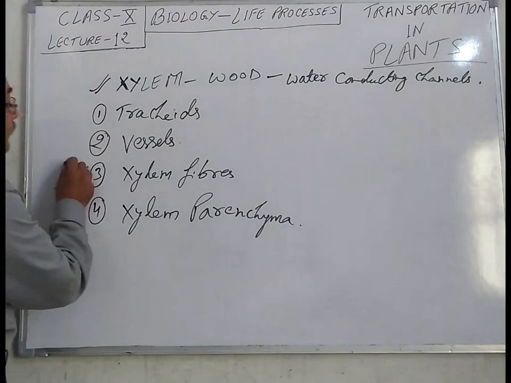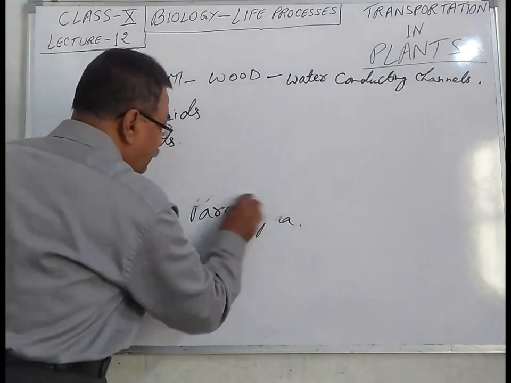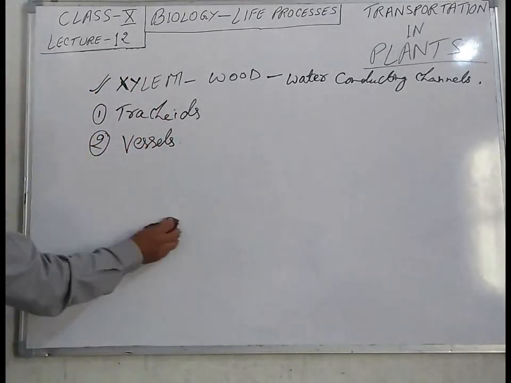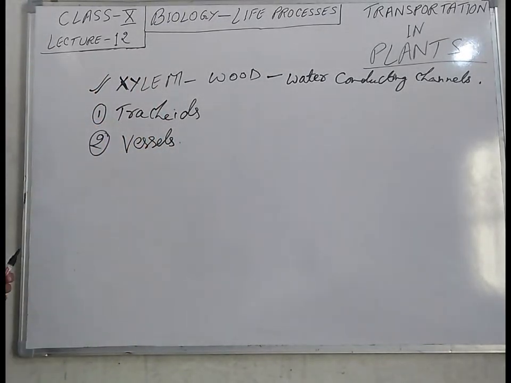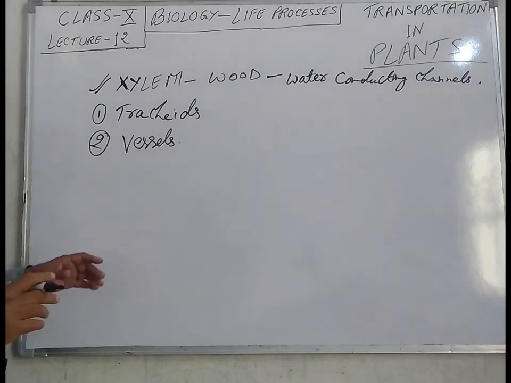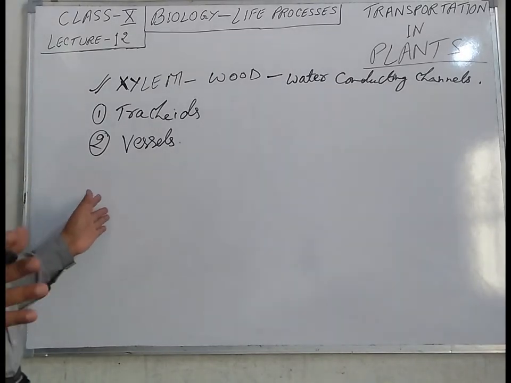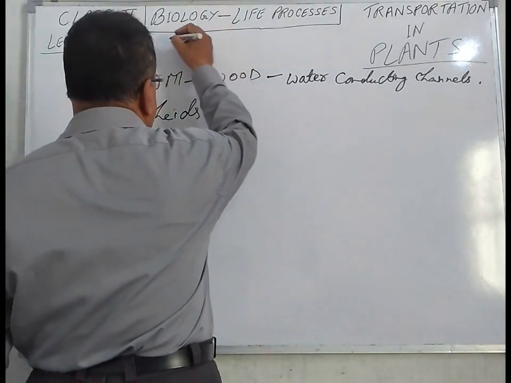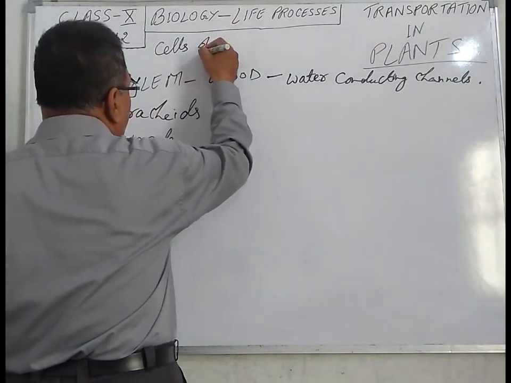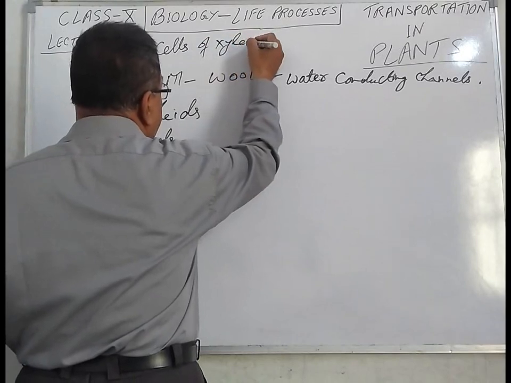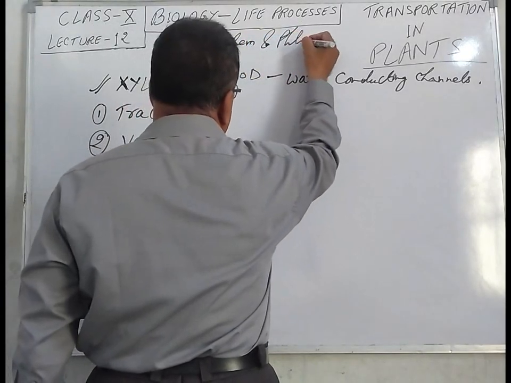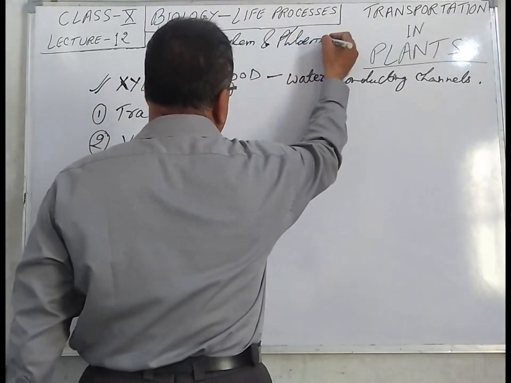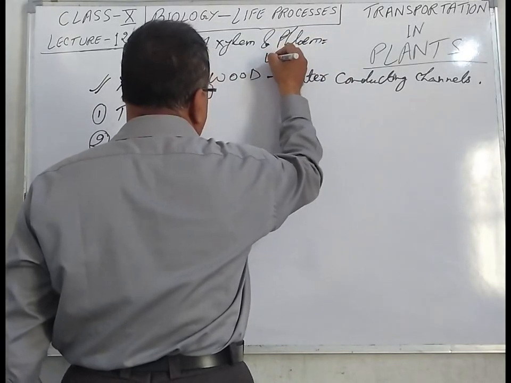But in class 10 we are to discuss only these two types of cells. The cells of xylem or phloem are also known as elements.